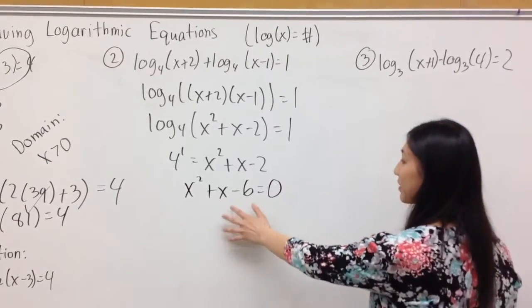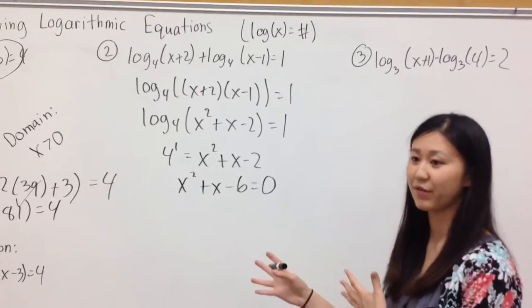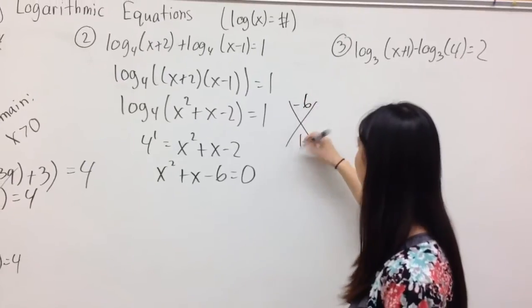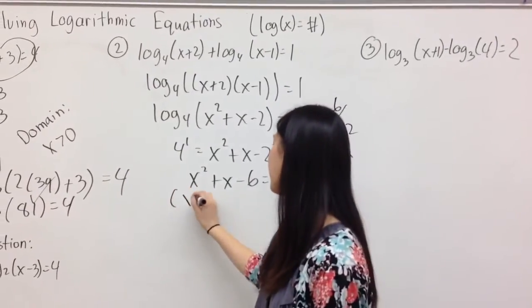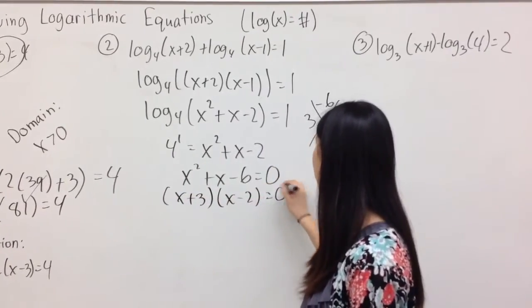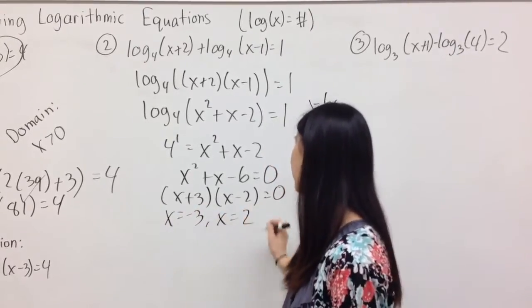Again, when I have this type of equation, I'm going to either factor it or do the quadratic formula. So I'm going to factor it. I get negative 6 in the top, 1 in the bottom, so we get 3 and negative 2. So those are my factors, x plus 3 times x minus 2. So in total I get x equals negative 3 and x equals positive 2.